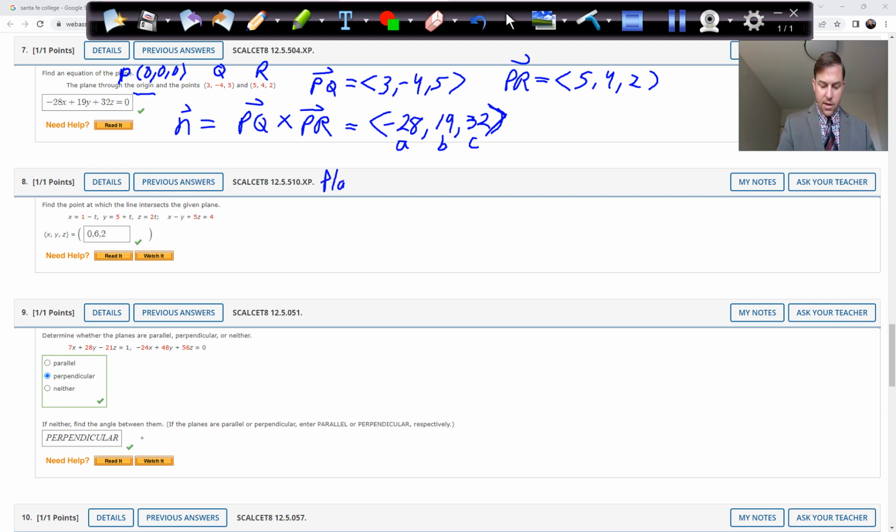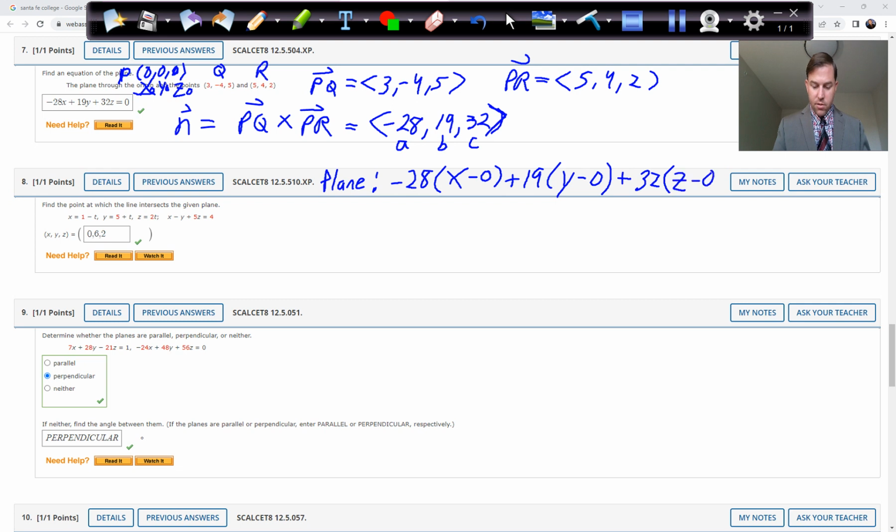And then our plane is A, which is negative 28, times x minus x0, but x0 is 0. So if we smartly write point P as x0, y0, and z0, a lot of stuff's going to fall away. So the plane is A(x minus x0) plus B, 19, times y minus y0, plus C, 32, times z minus z0, but all those are zeros.